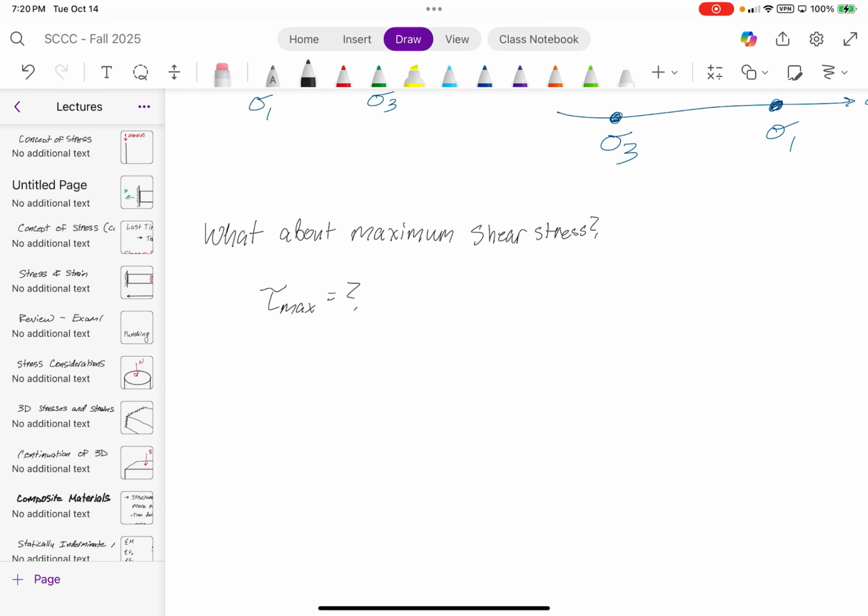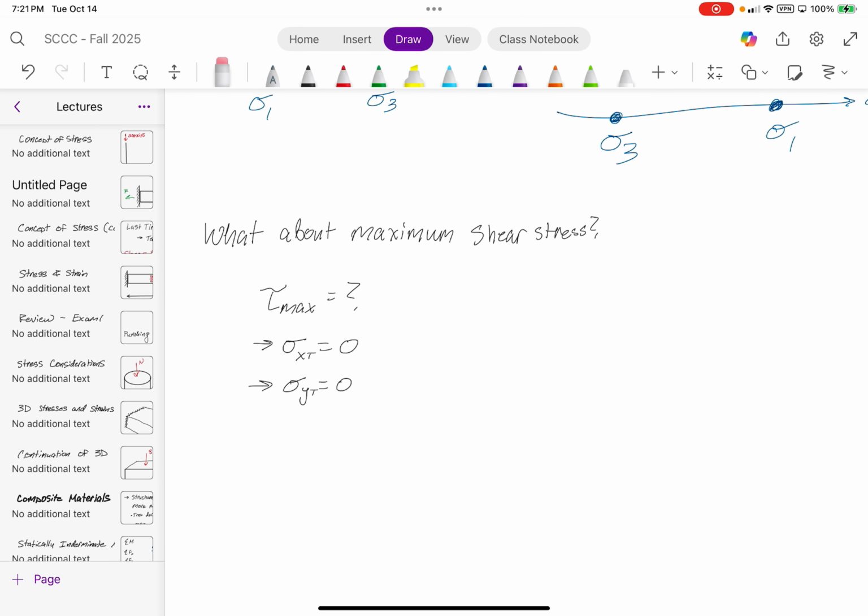Because it's all dependent on the angle. So at some point, when you rotate the block, the axial stresses are going to be so small, they're going to be 0, and then your shear stresses are going to be maximum. So for the shear stresses to be maximum, sigma x is equal to 0, and sigma yt is equal to 0.